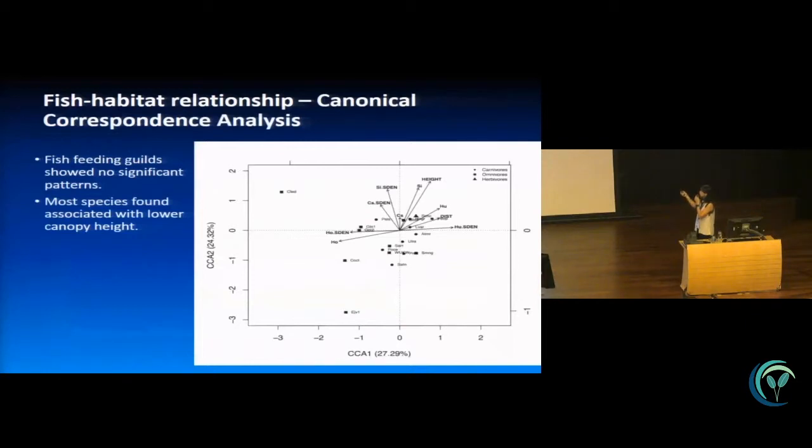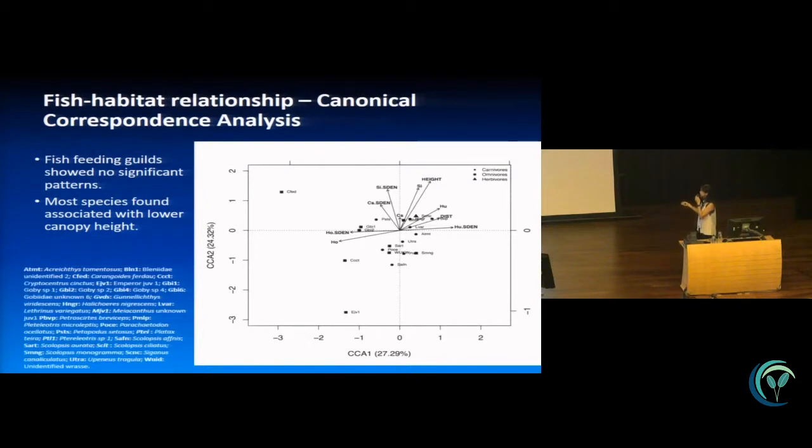We also tried CCA, and we couldn't get any significant patterns for the feeding guilds. However, the species mostly found in the shallow, structurally simple Halophila ovalis area belongs to the gobies.